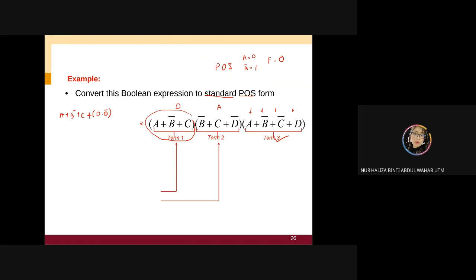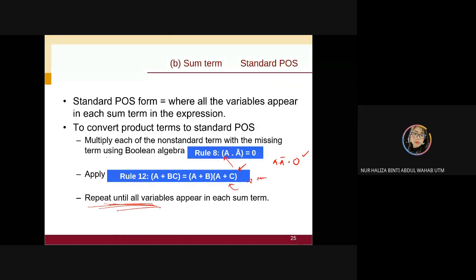How to relate with our rule number 12? Our rule number 12 is like this: A plus BC equal to A plus B, A plus C. Is it correct or not? You refer back to here.